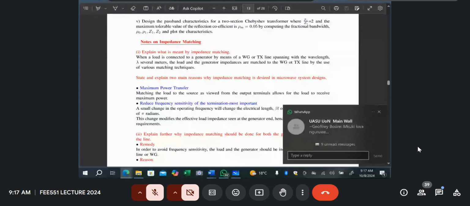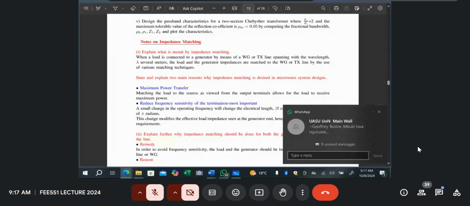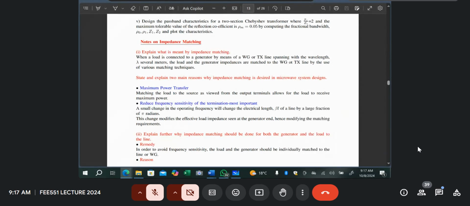Who was asking that? I wasn't on the same page. Davis. Probably I can't put a face to it. Okay, so Davis, when we say reduce frequency sensitivity, and we are talking about that small change in frequency, it will increase the electrical length, isn't it? What do you think is happening to that signal?